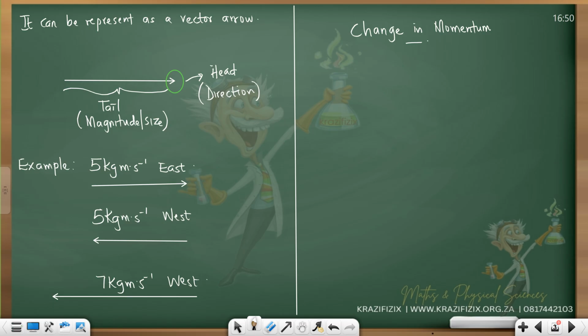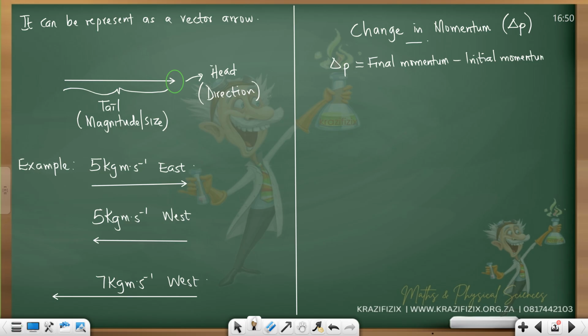I'm trying to make sure that you are following. So, change in momentum. Once I say change, like I said, we've done physics from grade 10, grade 11, it automatically tells you that change in momentum is basically final momentum minus initial momentum.